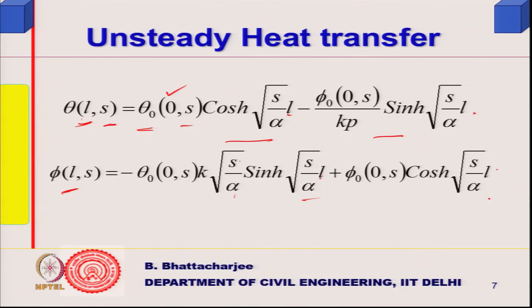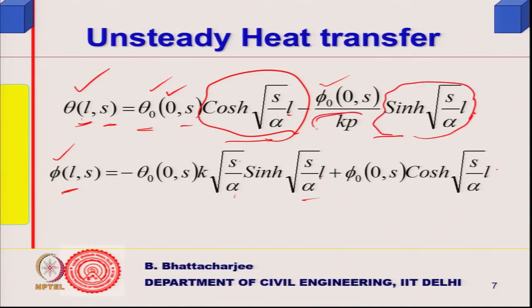Now you can see that this can be written as a 2 by 2 matrix in terms of theta 0 and phi 0, because these coefficients I can take out, right. So the Laplace transformation of temperature at any distance L and the flux at any distance L can be written in terms of some constants which are actually part of the material constants.